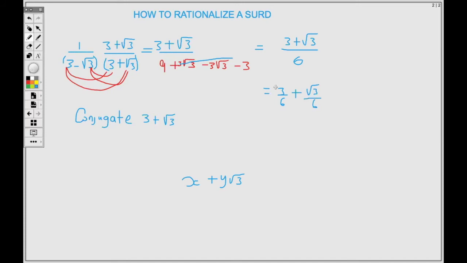And 3 over 6 can cancel, so 3 into 3, 1. 3 into 6 goes 2 times, so this is the same thing as a half. And over the next side, I can rewrite it as 1 over 6 root 3. So in this case, our x is a half, and y is equal to 1 over 6.